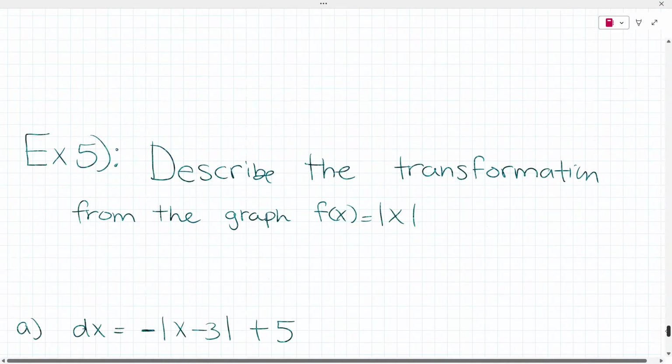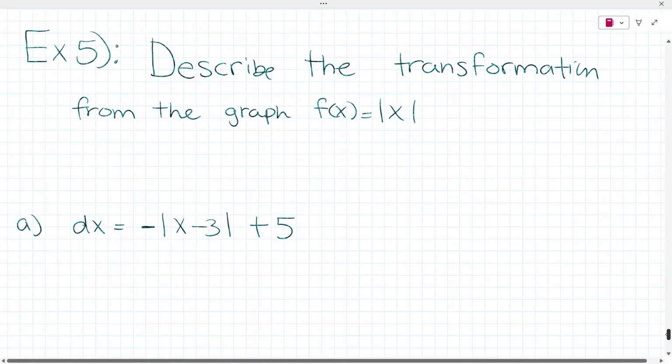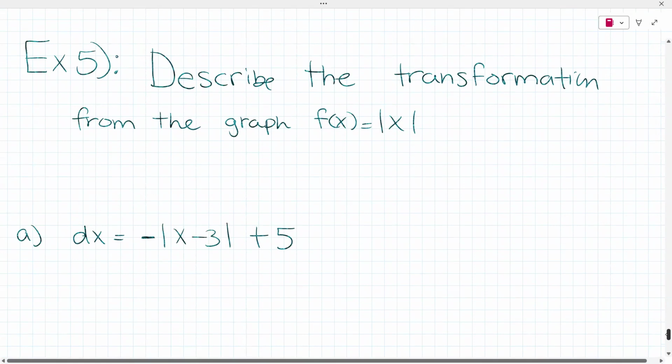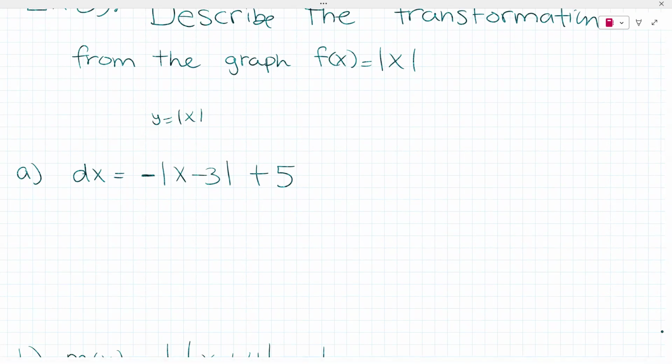Okay, this one, example 5 says describe the transformation from the graph. So they give us a new equation. We got to just describe in words what's happening. So if you compare this with the parent function, right, absolute value of x, what's happening? Well, I believe there's 3 things. X minus 3 means you have a horizontal shift of positive 3 units to the right.